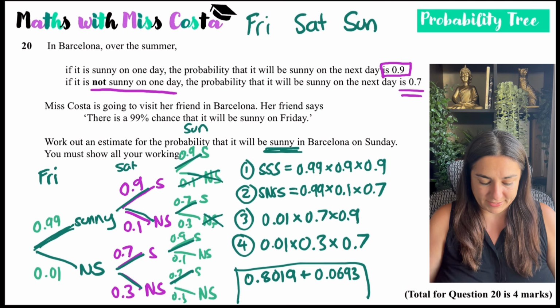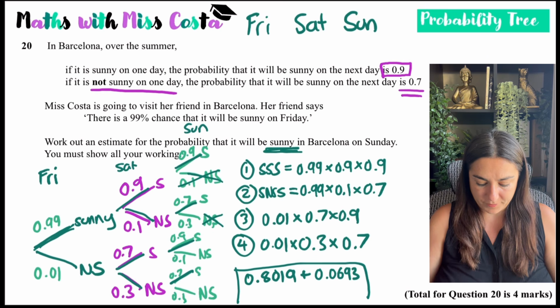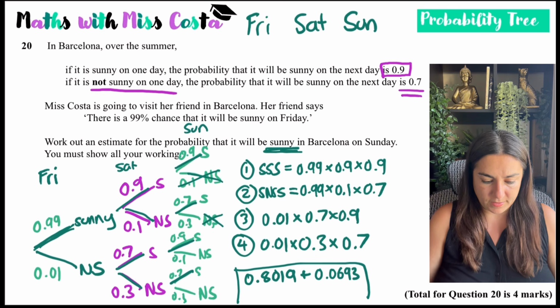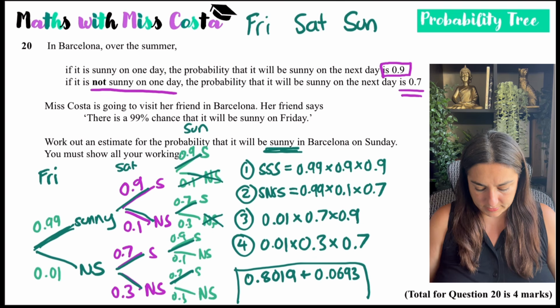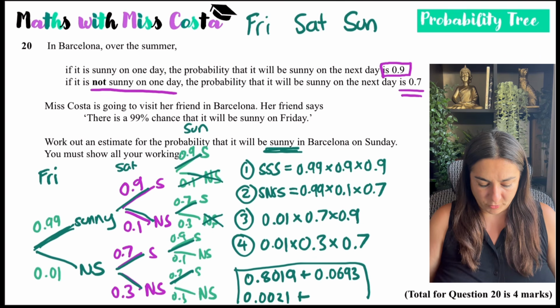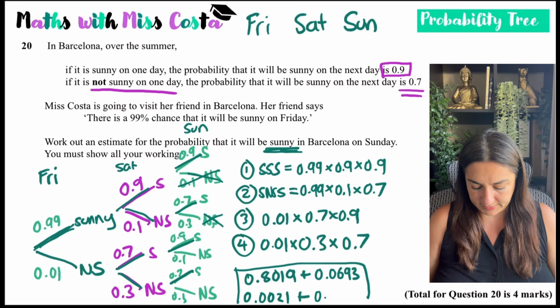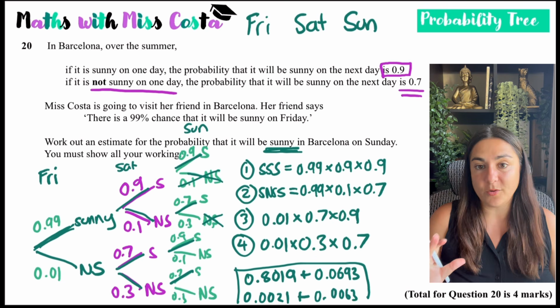Then we've got 0.01 times 0.3 times 0.7. I did the 4th one by accident, which would be 0.0021. And then we've got 0.01 times 0.7 times 0.9 would be 0.0063. So they're your possible options.